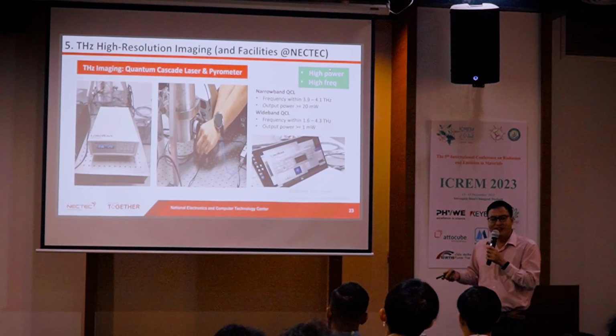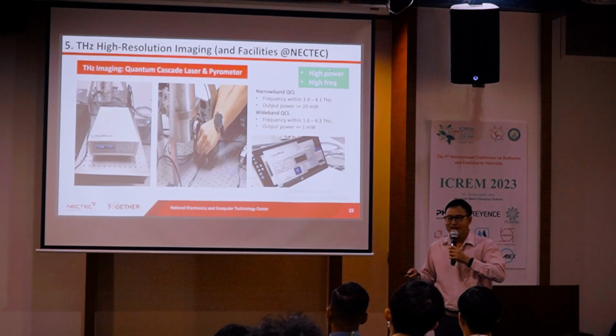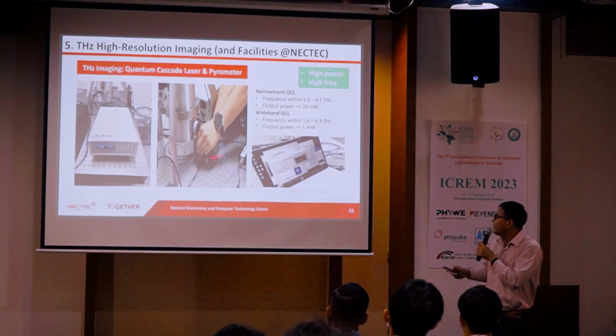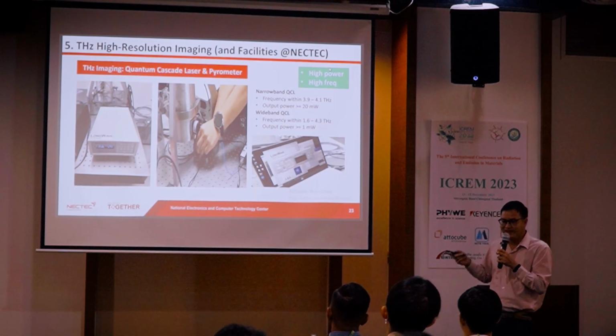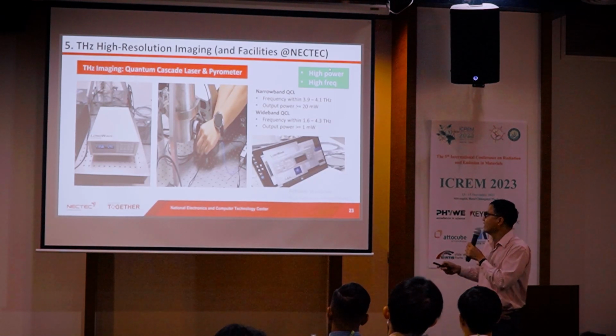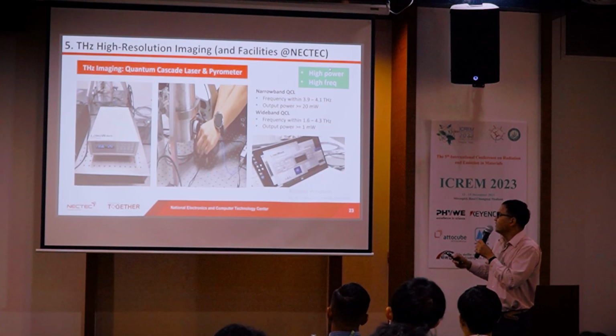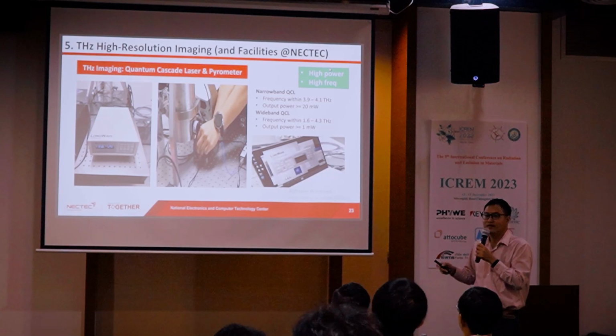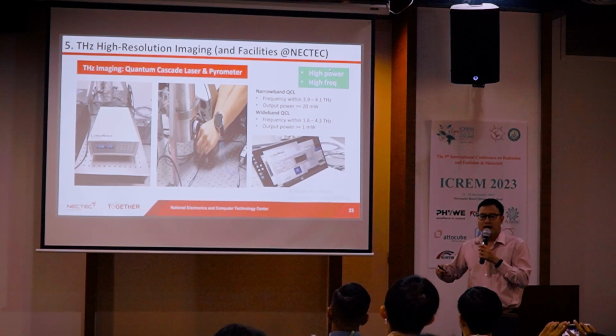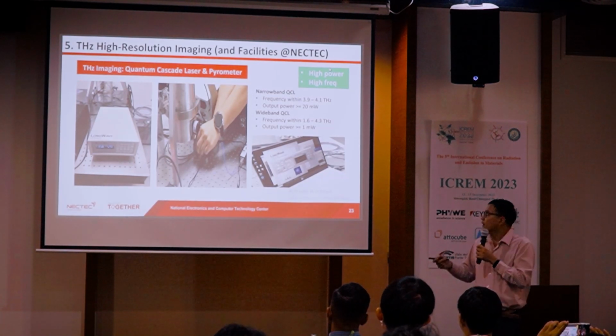But the easiest way to get the higher image resolution is to have the higher frequency. I would like to use this opportunity to advertise a bit as well that we also have the quantum cascaded laser, QCL, that acts as the terahertz source for doing high resolution imaging.